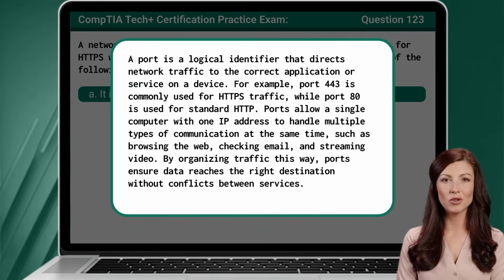A port is a logical identifier that directs network traffic to the correct application or service on a device. For example, port 443 is commonly used for HTTPS traffic, while port 80 is used for standard HTTP. Ports allow a single computer with one IP address to handle multiple types of communication at the same time, such as browsing the web, checking email, and streaming video. By organizing traffic this way, ports ensure data reaches the right destination without conflicts between services.